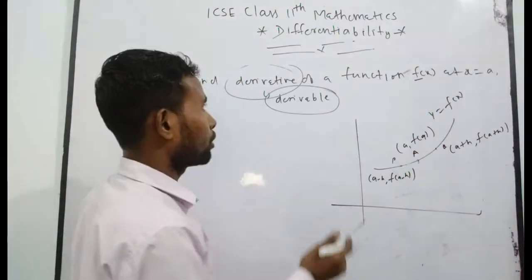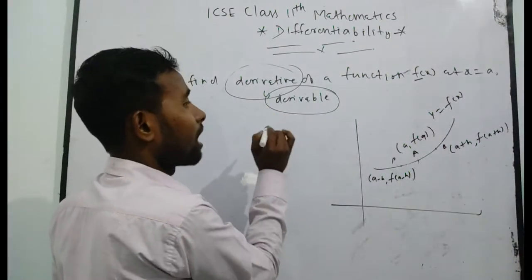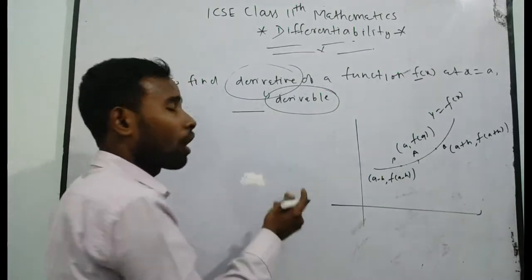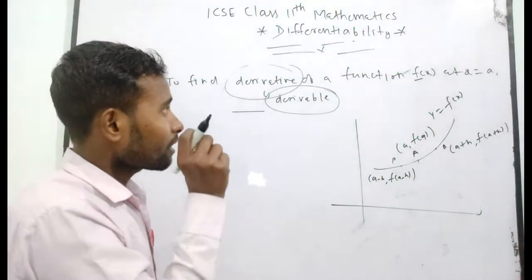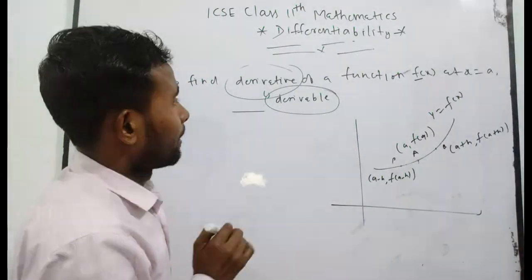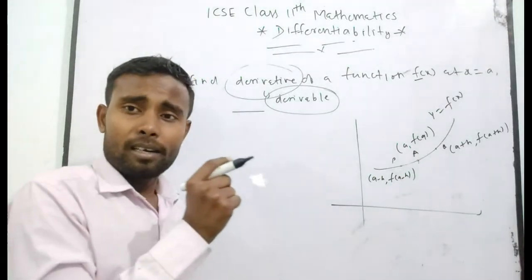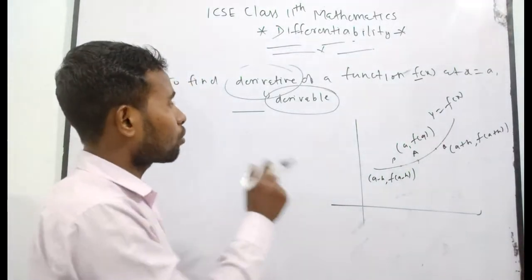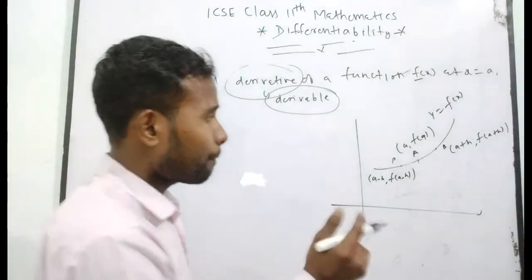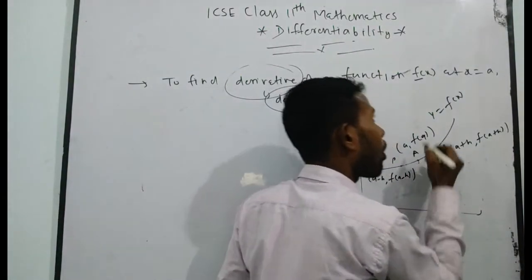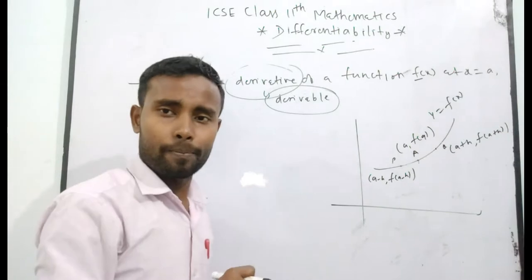Firstly, take your goal. What is your goal? The simple goal is to find the slope of a function f(x) at x equal to a.